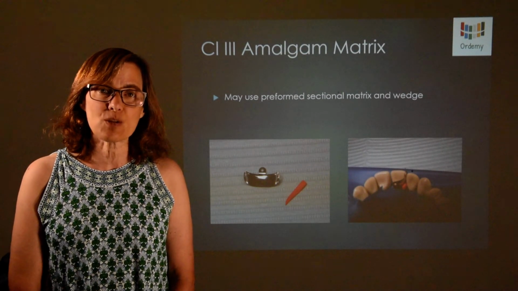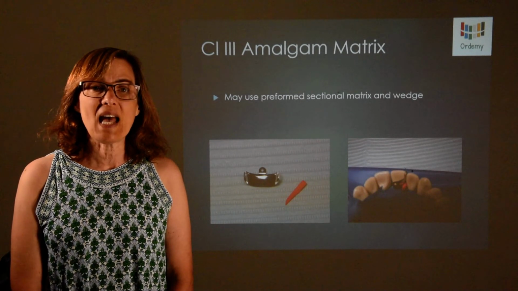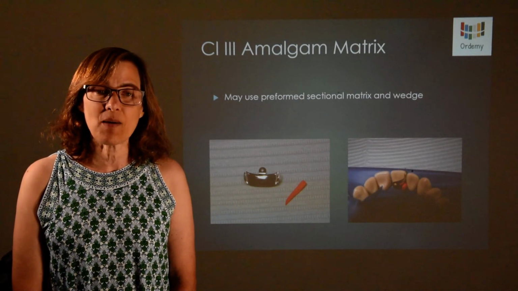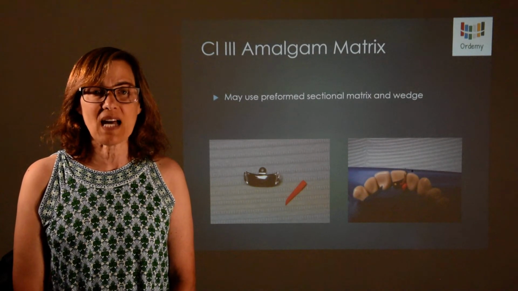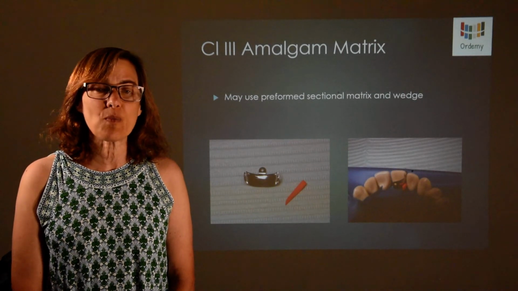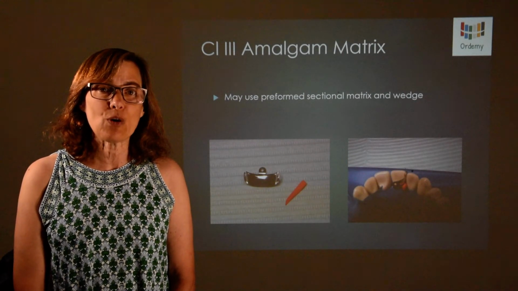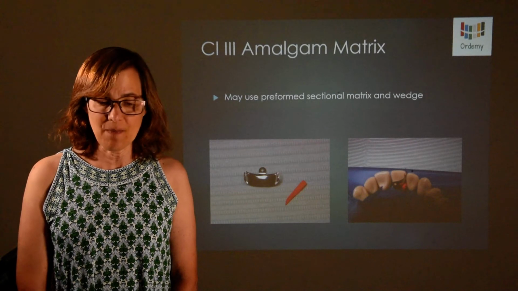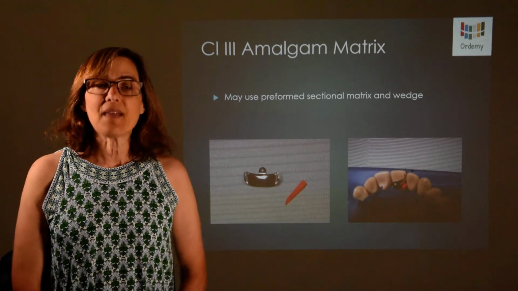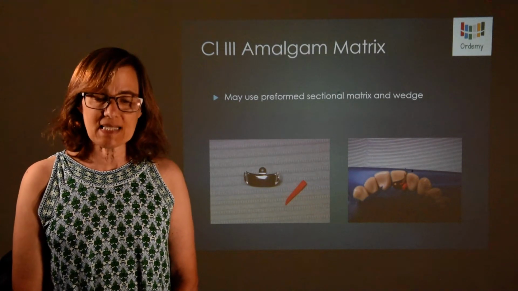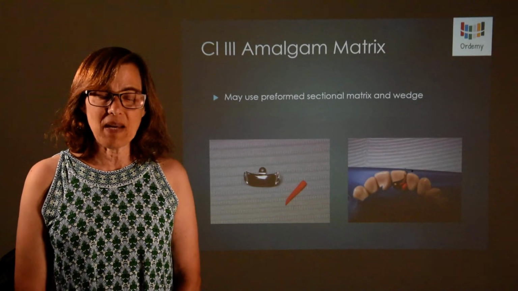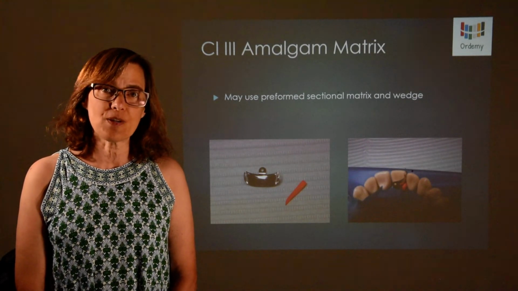Wedges come in small, medium, and large, and you will need to select them according to the embrasure size and the proximal area of the decay. The matrix system consists of the matrix band and the wedge.